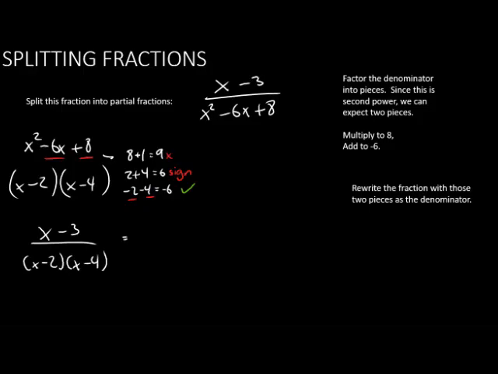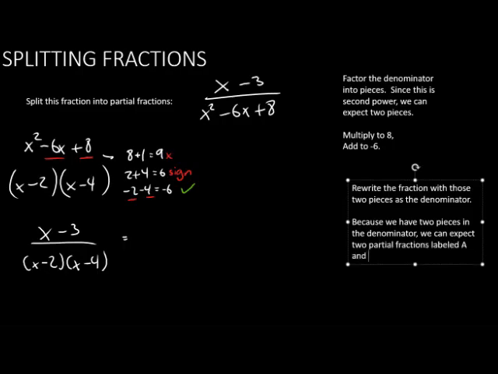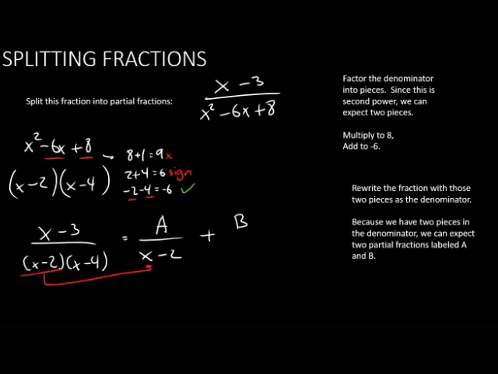Also bear in mind that since we have two pieces in our denominator, we can expect two partial fractions, which we will label A and B. So we'll write fraction A plus fraction B. On the bottom of A, we'll write the first piece, x minus 2. Underneath B, we'll write the second piece, x minus 4.